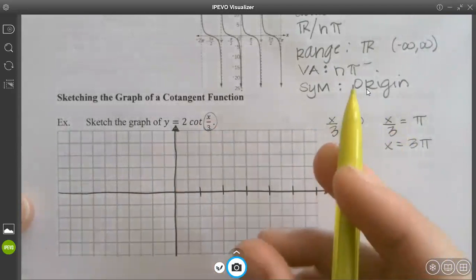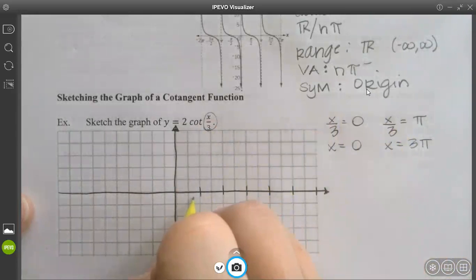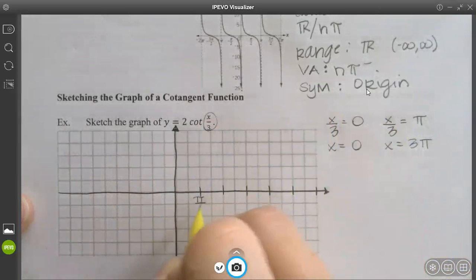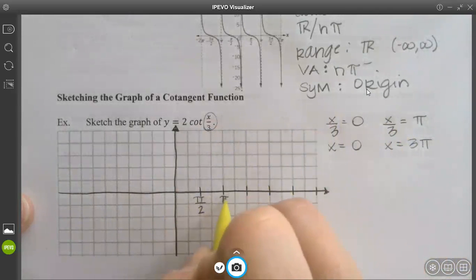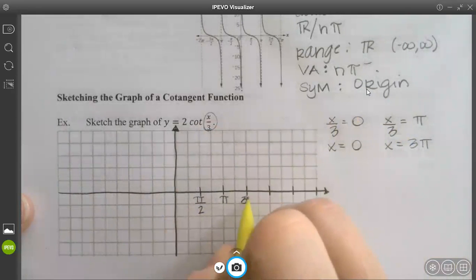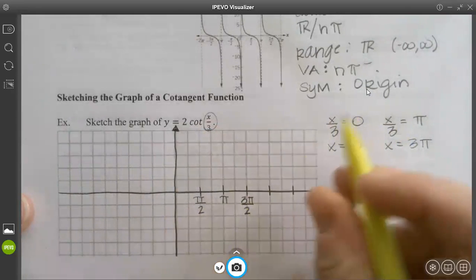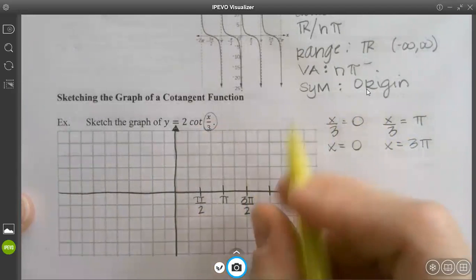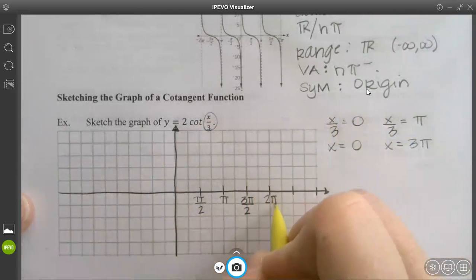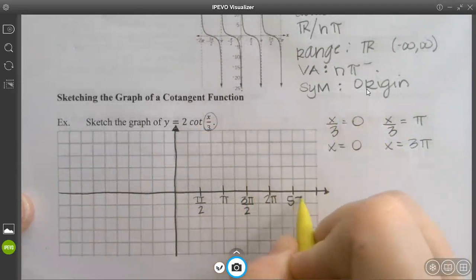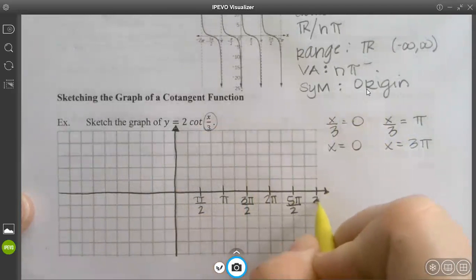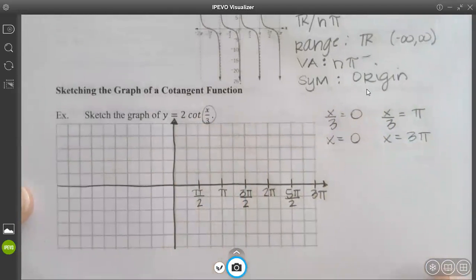All right. So this, pi over 2, pi, 3 pi over 2, 5 pi over 2, 6 pi over 2.